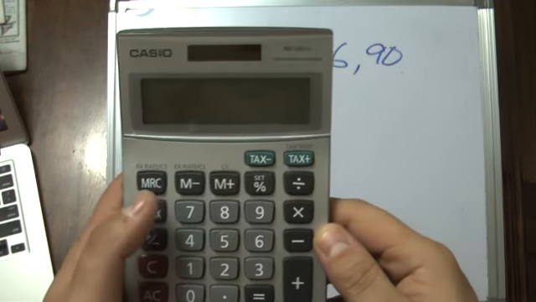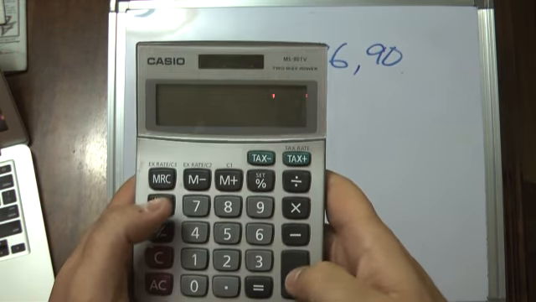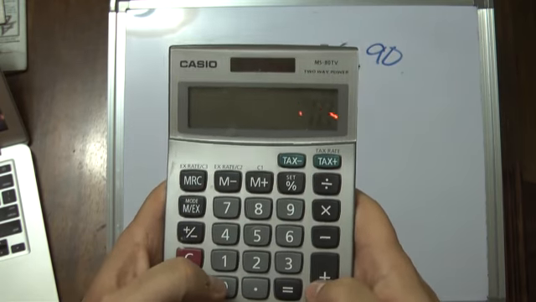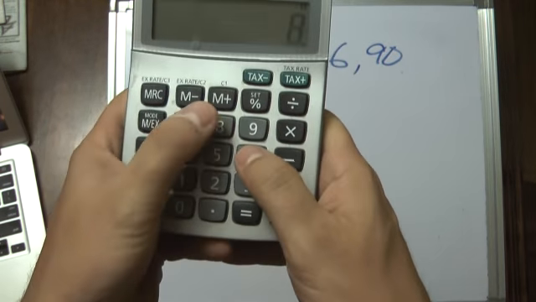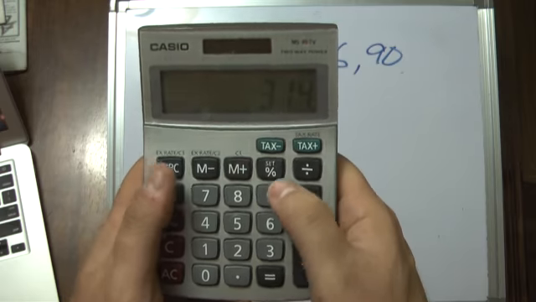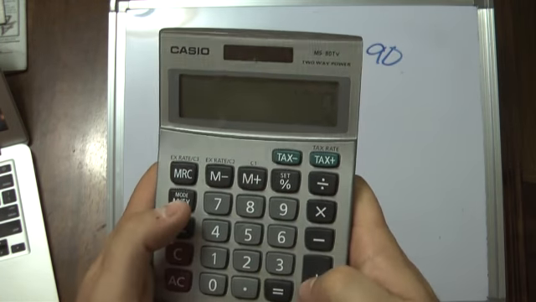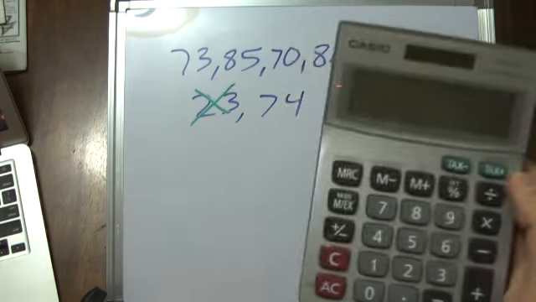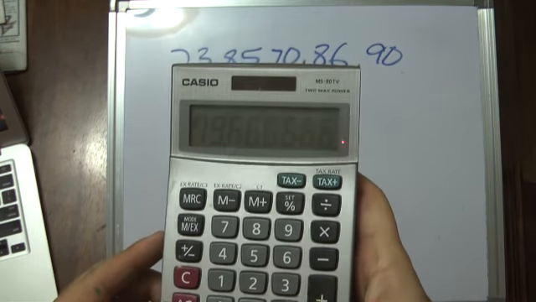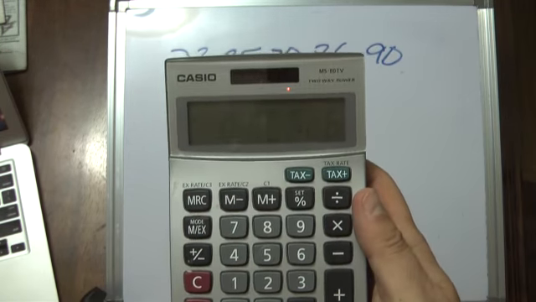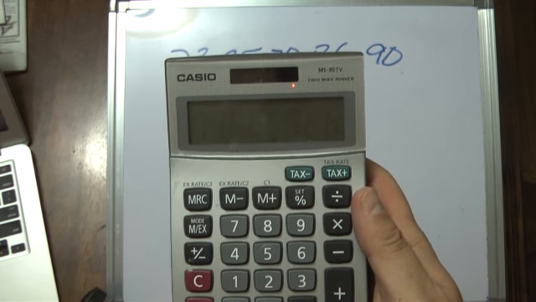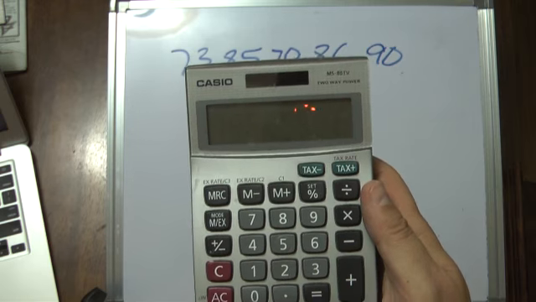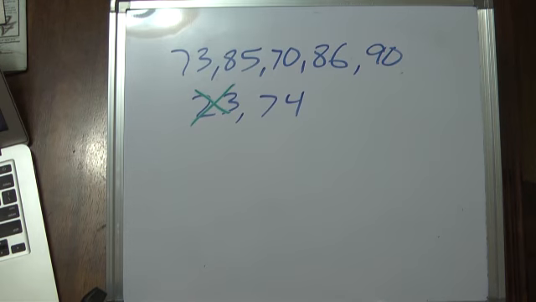Better check that one more time. 73 plus 85 plus 70 plus 86 plus 90 plus 74 divided by, I did say 6, right? 79.6 repeating. That's kind of strange, but go with what's close. The correct answer was choice D. It is just 79.